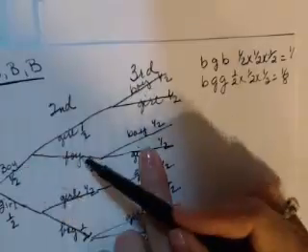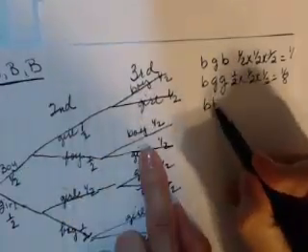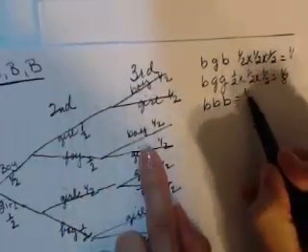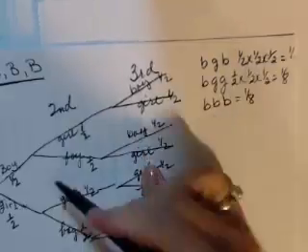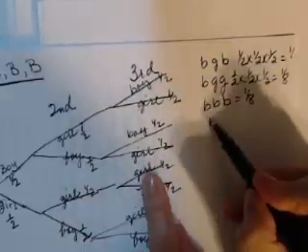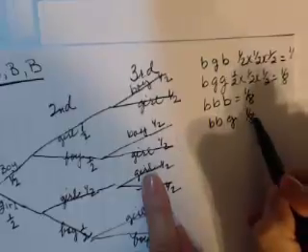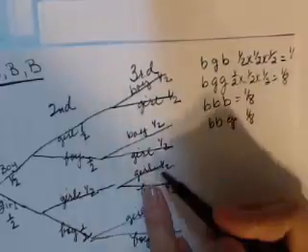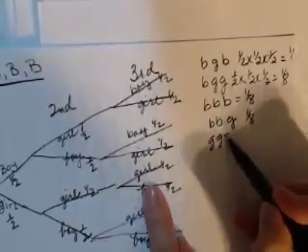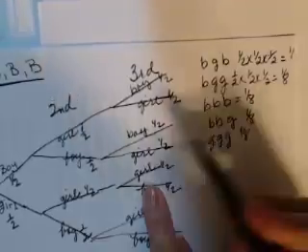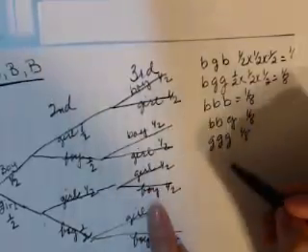Then a boy, boy, boy. A boy, boy, girl. A girl, girl, girl. A girl, girl, boy.